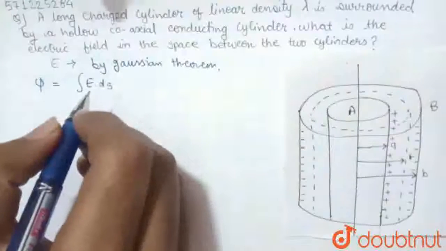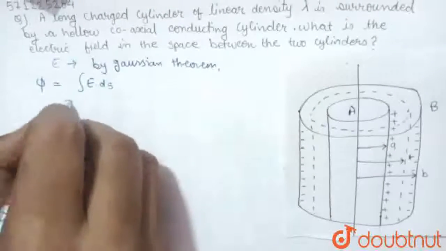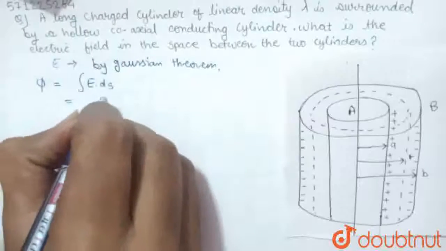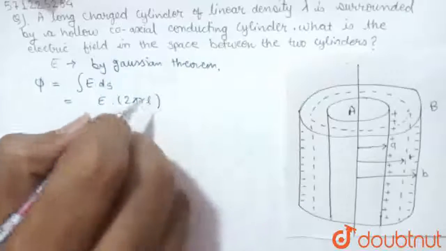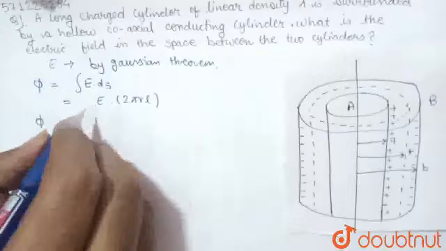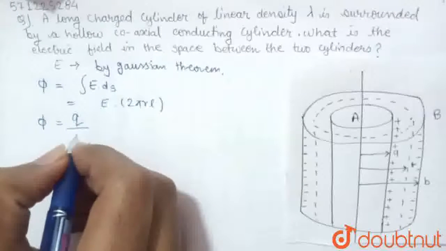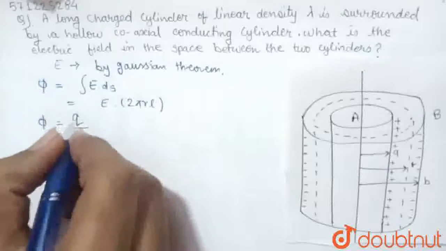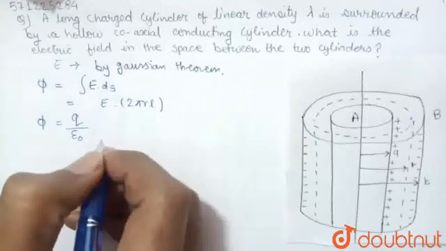So we are putting this 2 pi RL, and we also know that phi, the electric flux, equals the charge enclosed inside the outer cylinder divided by epsilon naught, the permittivity of free space.